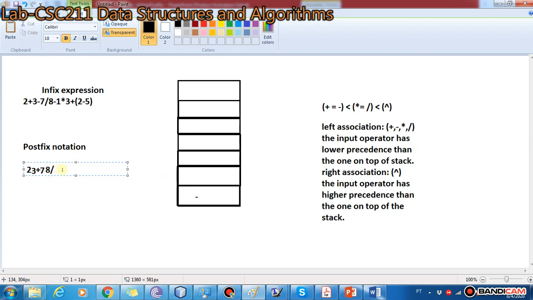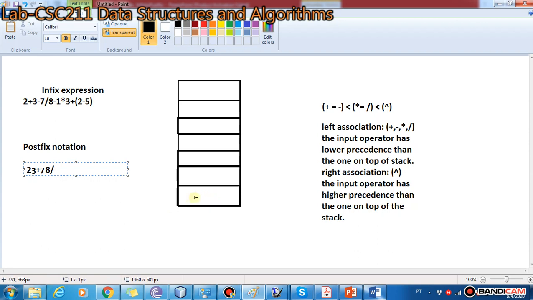This minus had lower precedence than the division operator which was on the top of the stack, so we popped the division operator, and then this will continue to the next operator on the stack as well.